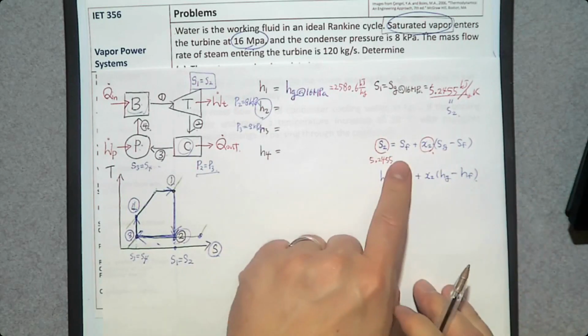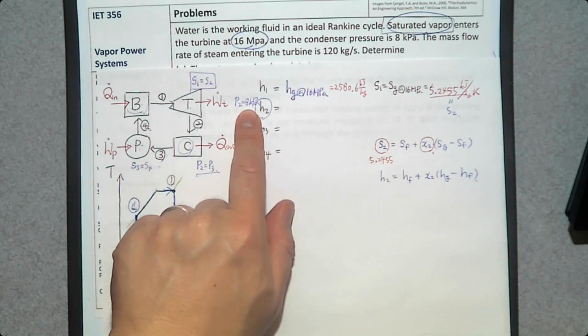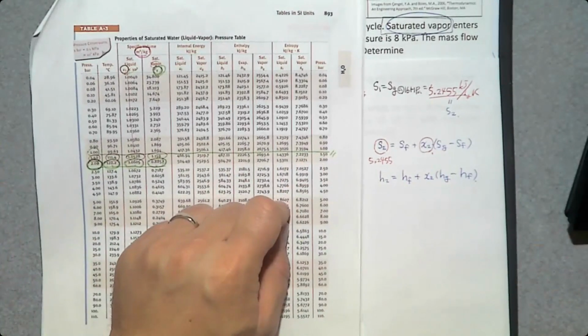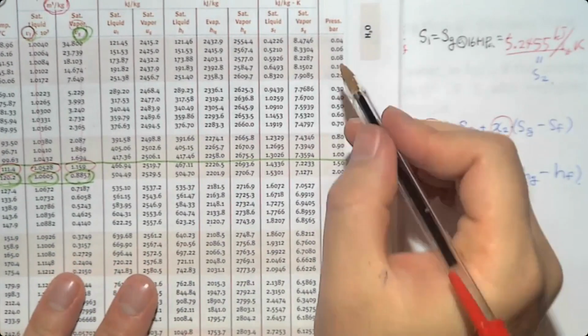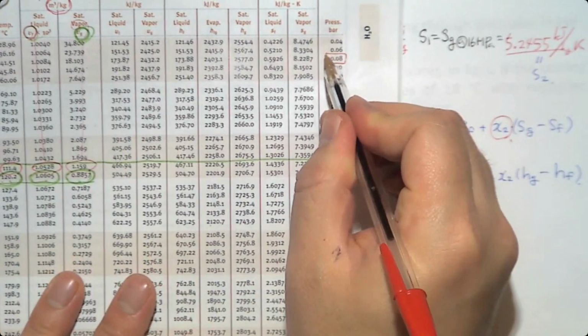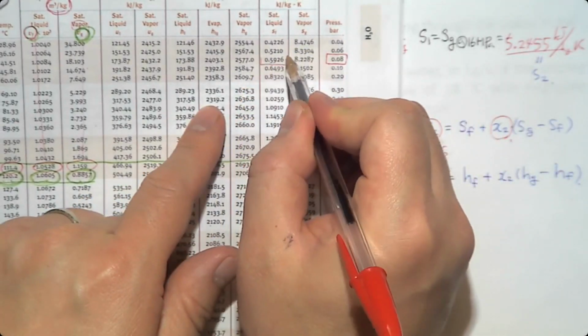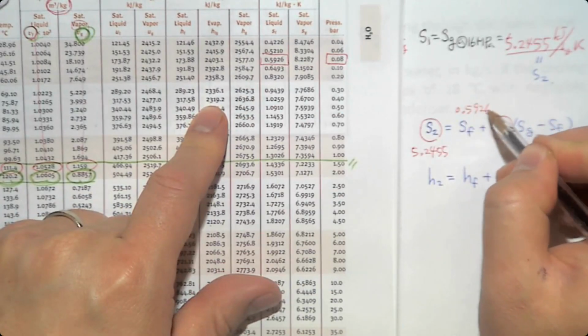5.2455. Do we know Sf? We do not, but we can find it from where? 8 kilopascal. So Sf at 8 kilopascal, 0.08 bar, because 1 bar is 100 kilopascal. Sf is this number, 0.5926.